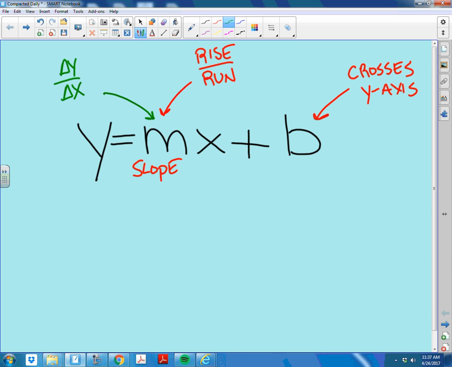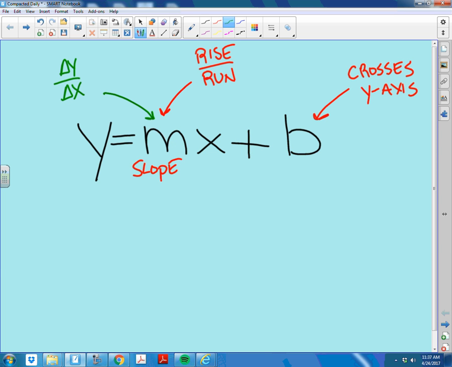How would you find the y-intercept? How would you find the b value from a table? Brendan? If it has the point 0 and then another number, then that would also be the b. What he's trying to say is if the x is at 0. That's what I'm looking for.